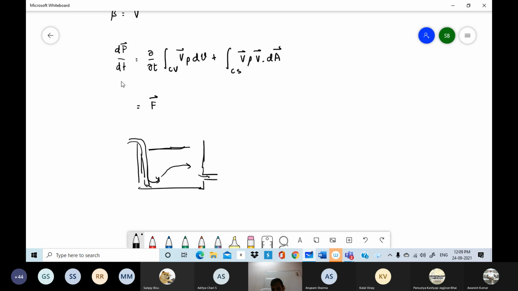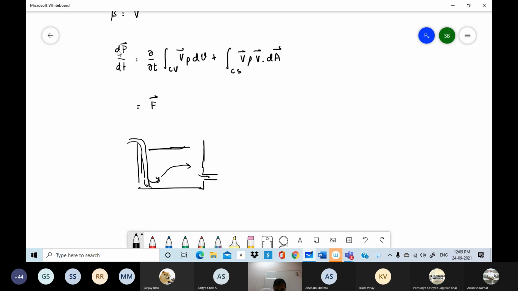But the rate of change for the system can be related to the rate of change for the control volume. So if I write the rate of change for a system in terms of the control volume, then I can write an equation in terms of the control volume.